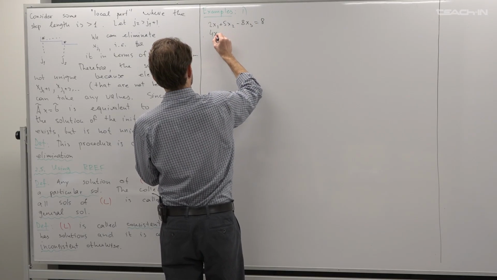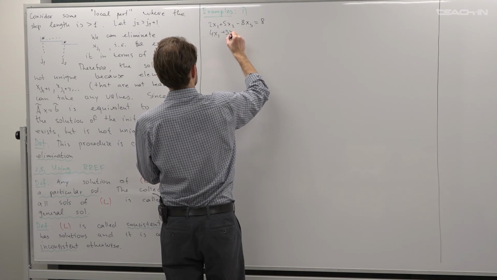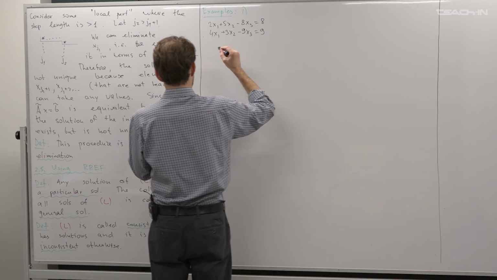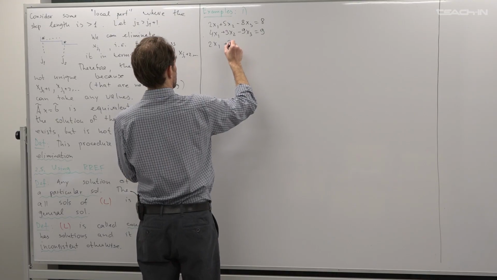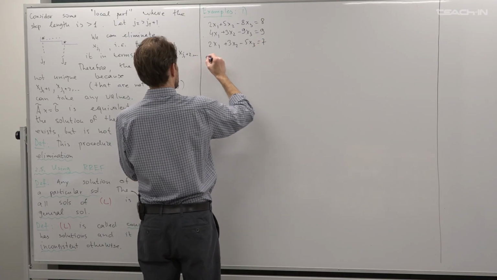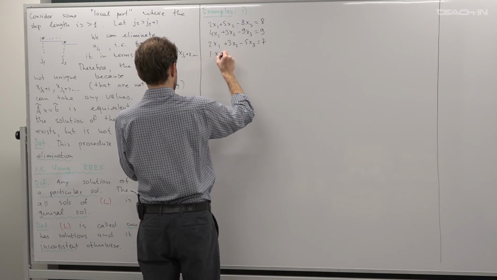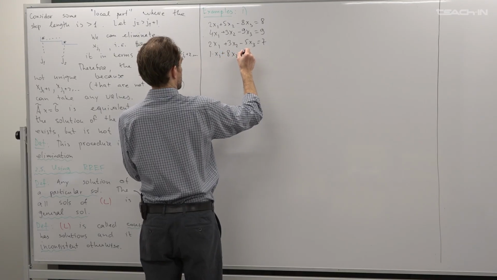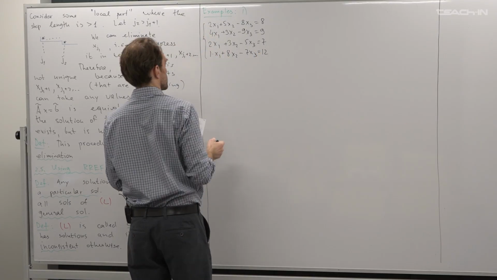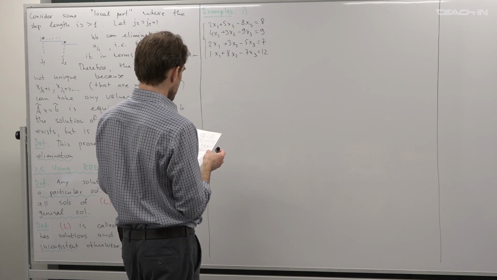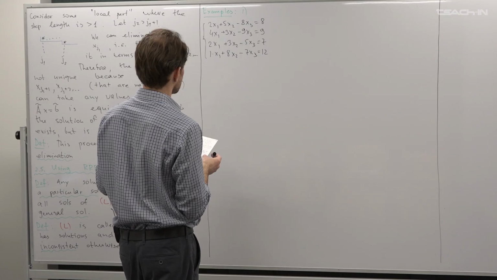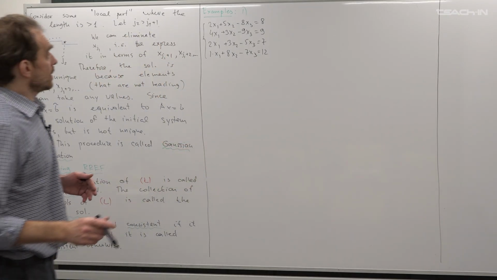Then 4 times x1 plus 3 times x2 minus 9 times x3 equals 9. Then 2 times x1 plus 3 times x2 minus 5 times x3 equals 7. Then 1 times x1 plus 8 times x2 minus 7 times x3 equals 12. I'll check the coefficients. Okay, so I hope that I copied everything in a correct way.